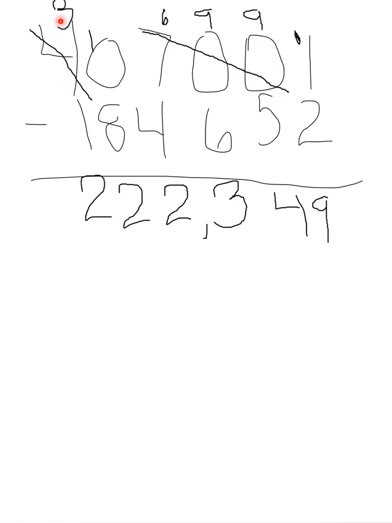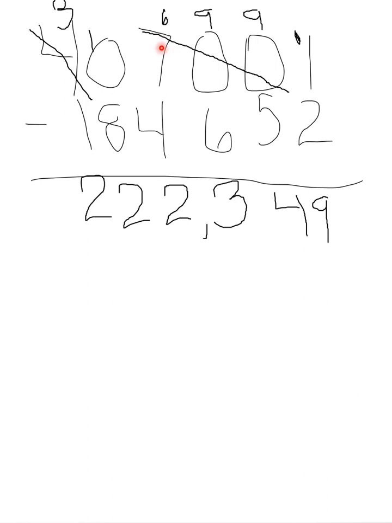All right. Let me explain this to you in a little more detail. When I looked at this problem, I immediately knew there was going to be some issues with it and that I was going to have to regroup into the thousands because I cannot take 2 from 1, and I cannot take 5 from 0, and I cannot take 6 from 0.